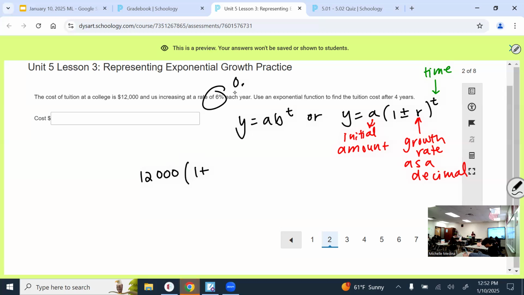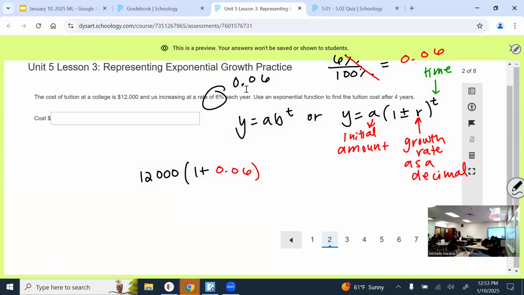Okay, now that's less than 6%. 0.06 is equivalent to 6%. The way you could do that easily is do 6% divided by 100%, because the percents cancel, and it'll give you the correct decimal every time. So whatever percentage divided by 100% will give you the decimal. So it's going to be 1 plus 0.06 to the t power.